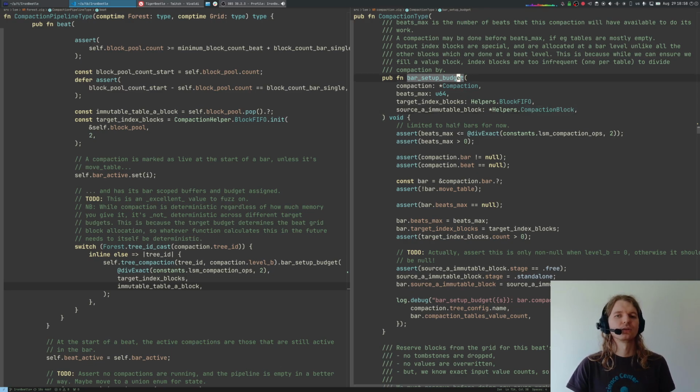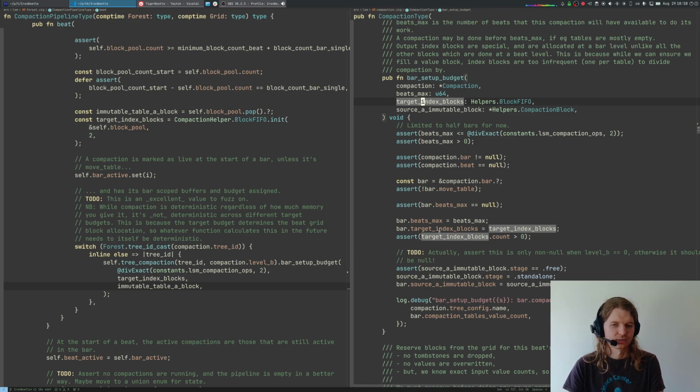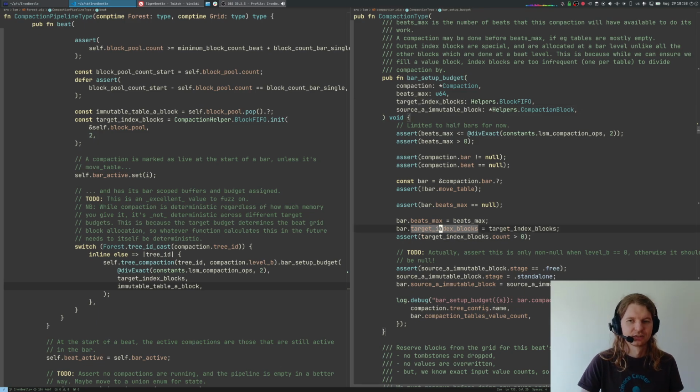Okay, so what do we do in this bar setup? It seems like we don't actually do all that much here, so we just basically assign fields that aren't actually setting up any kind of budget.